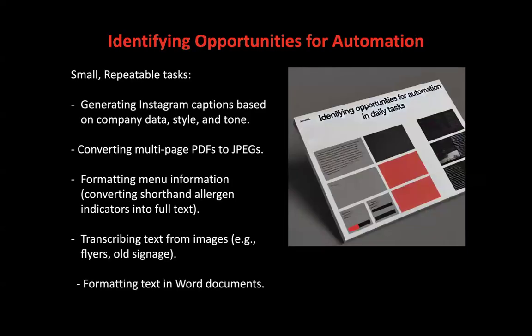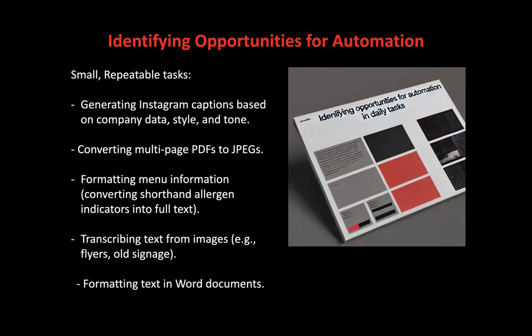So what are these kinds of tasks that I'm talking about? Like what these little bites that I'm talking about, what are some examples? So just in general, we're talking about small, repeatable tasks. I've done a lot of social media work for a variety of different companies, and I've used a custom GPT to say, this is the name of the company, this is their style, this is what they do, what they're interested in, what their mission is.